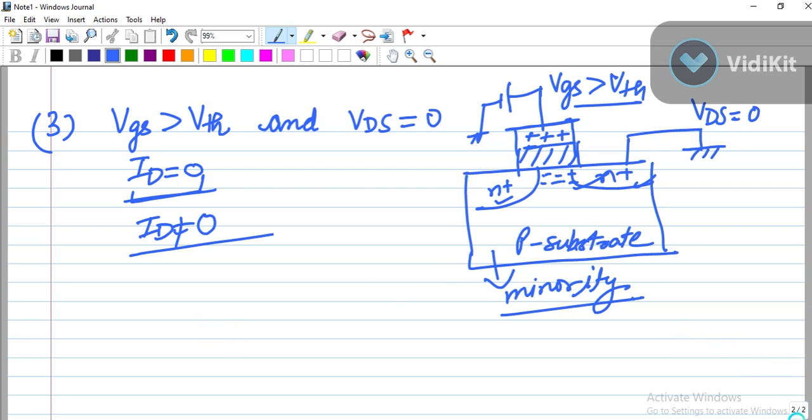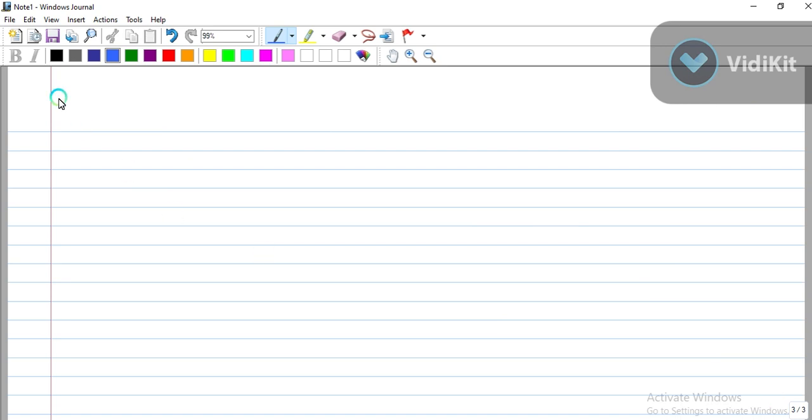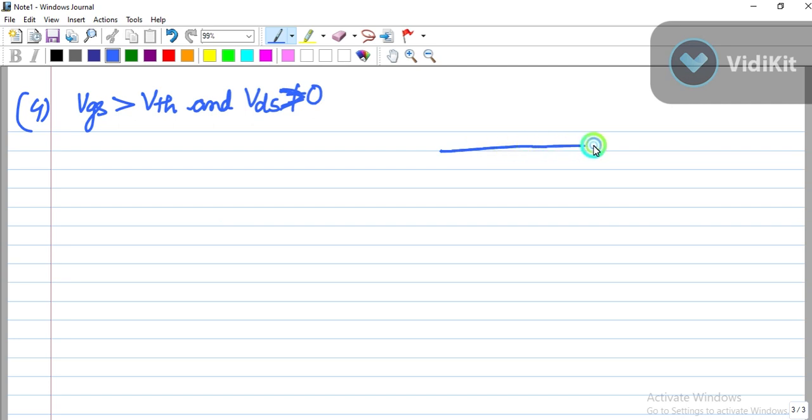So let's take the fourth case. Case number 4, when VGS is greater than VTH and VDS is not equal to 0. Okay, I mean VDS is greater than 0. Right, so let's make one structure of MOSFET again.